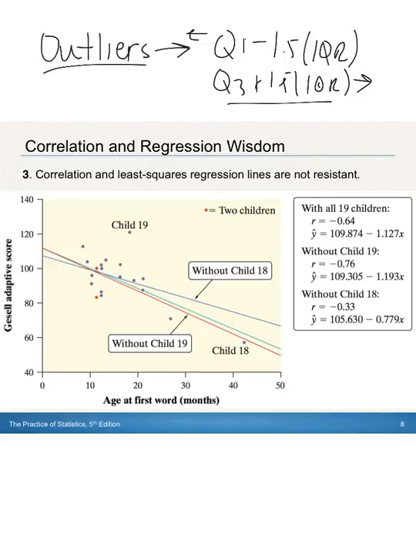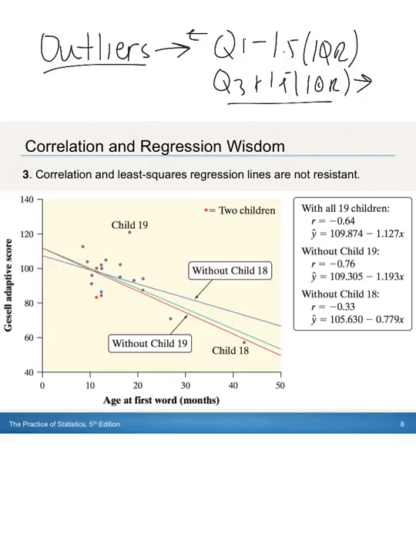Now, there's no metric or calculation that we make to decide if a point is an outlier on a scatter plot. But we can look at its effect by taking it out from a set of data to see what's going on.